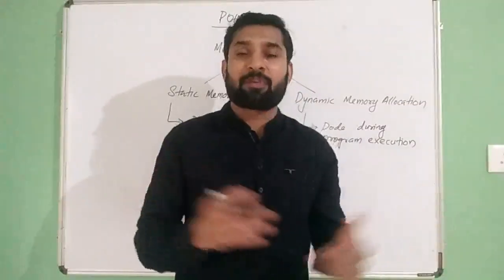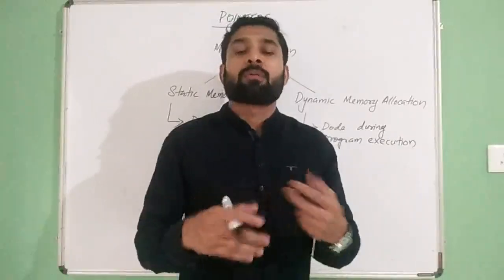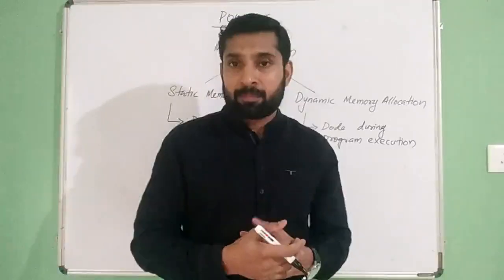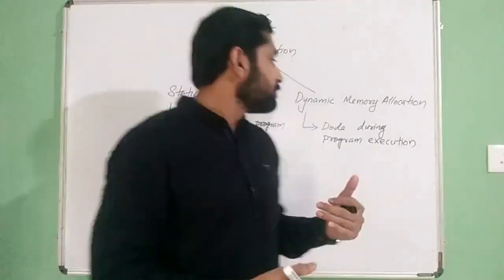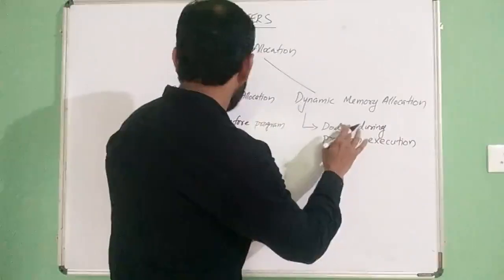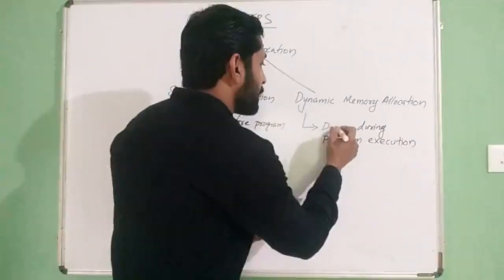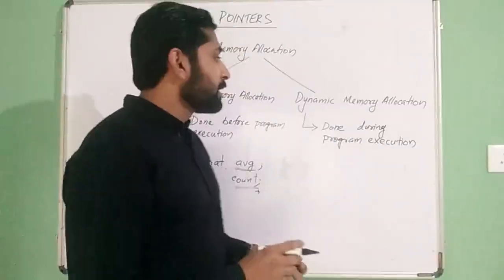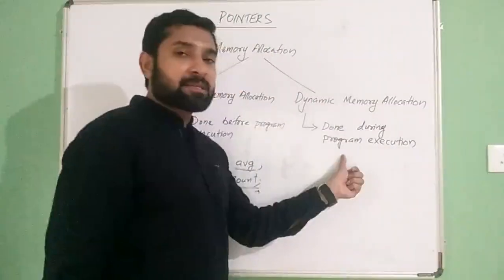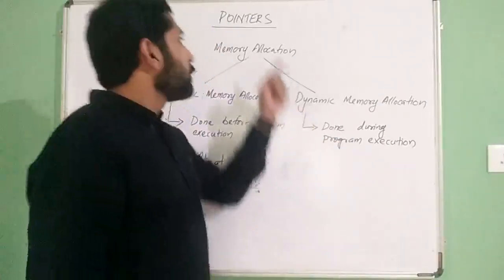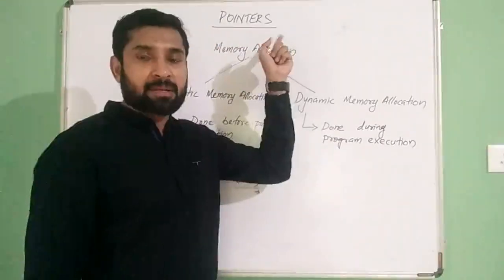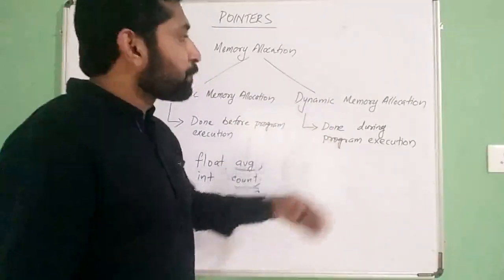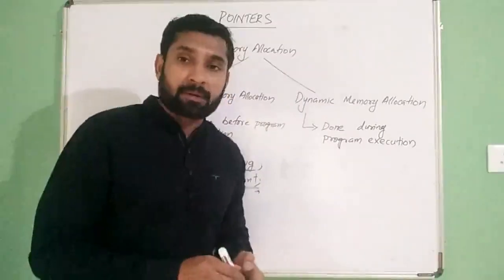So there is no chance for wastage of memory, and no chance for memory underflow or memory overflow. Dynamic memory allocation is performed with the help of pointers and dynamic operators. That is our next topic, dynamic operators.